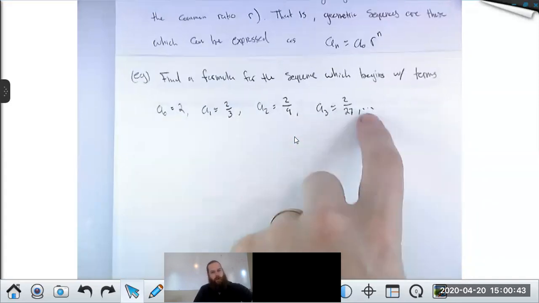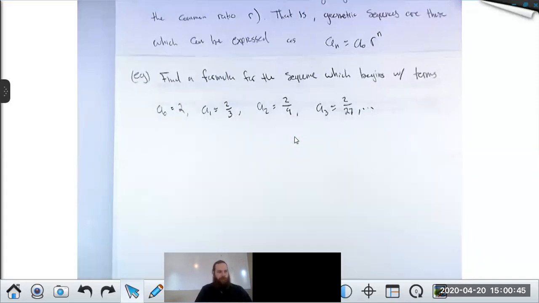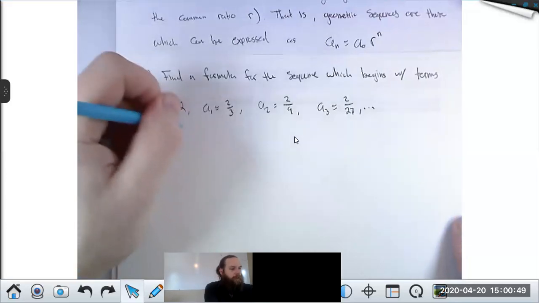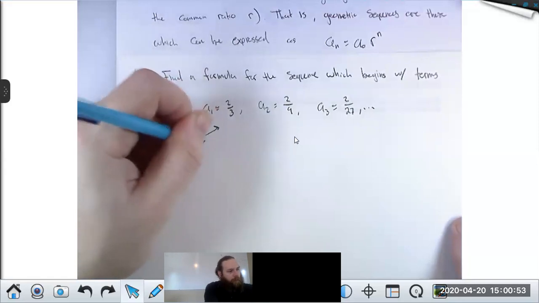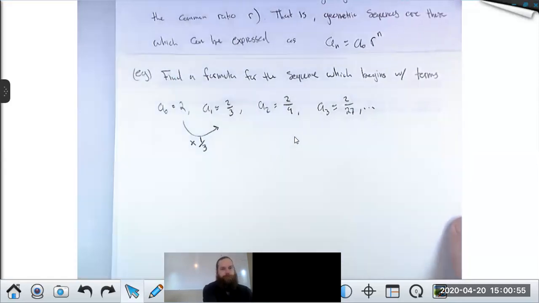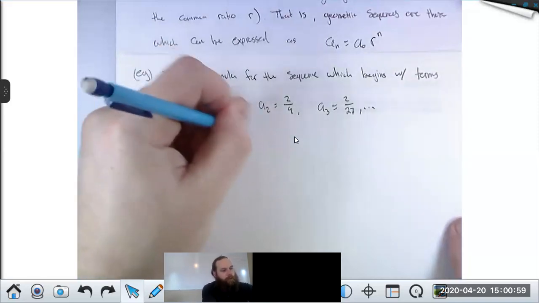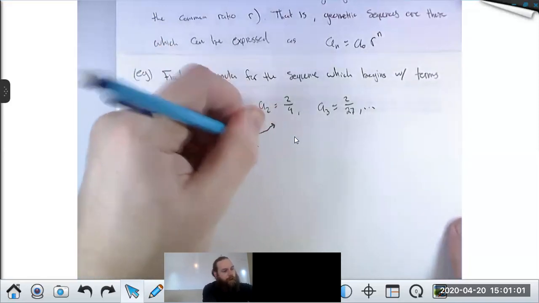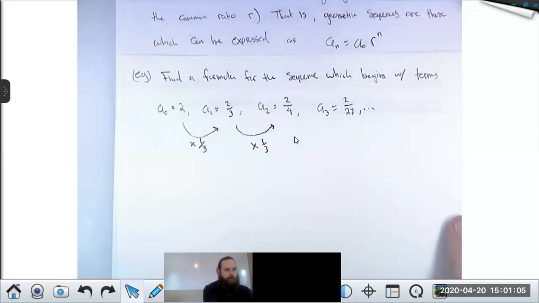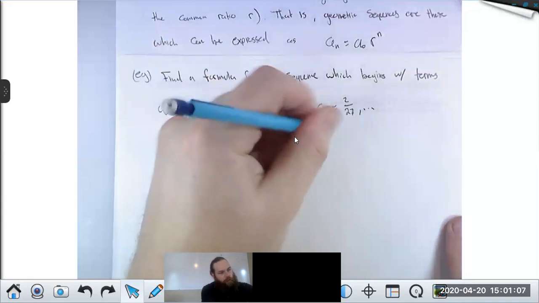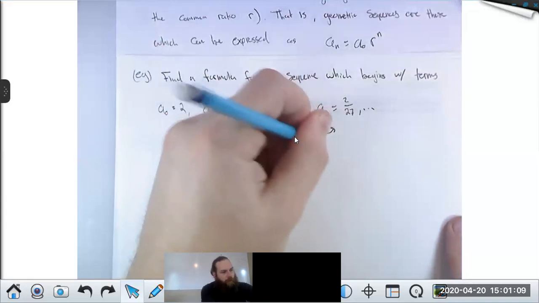But what I do notice is that to go from 2 to 2/3, we multiply by 1/3. 2 times 1/3 is 2/3. And then to go from here to here, we multiply by 1/3, right? 2/3 times 1/3 is 2/9. To go from here to here, we again multiply by 1/3.